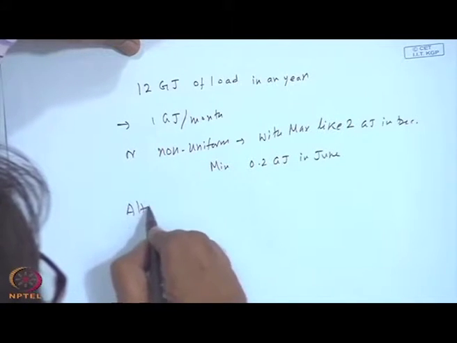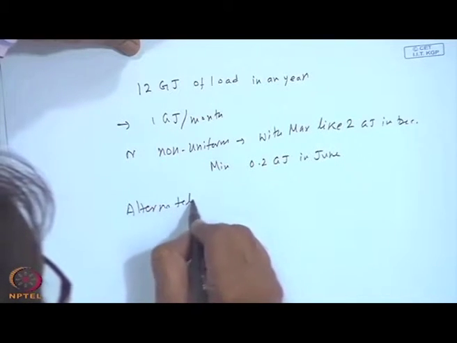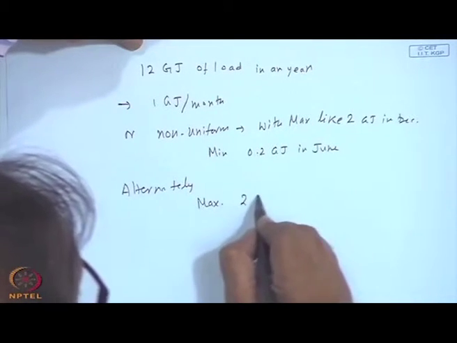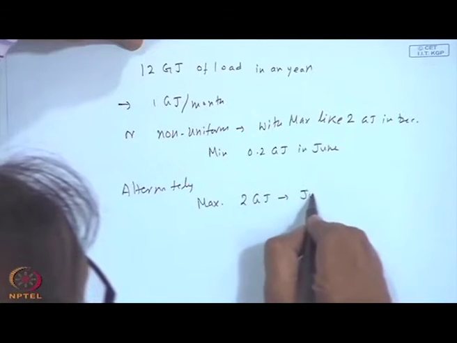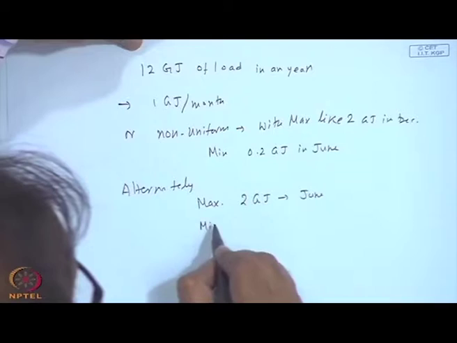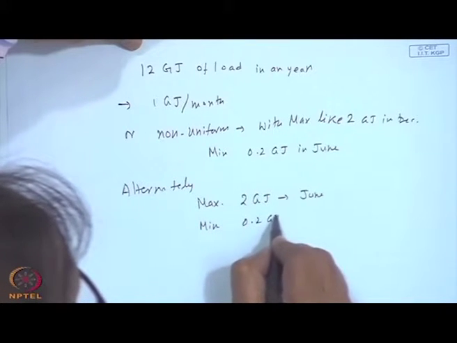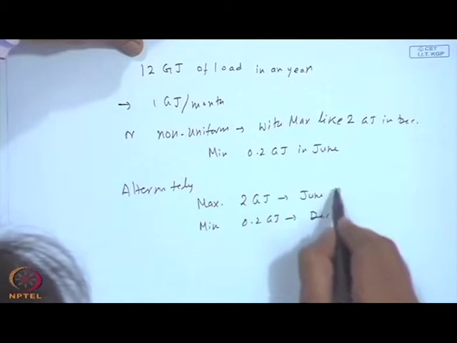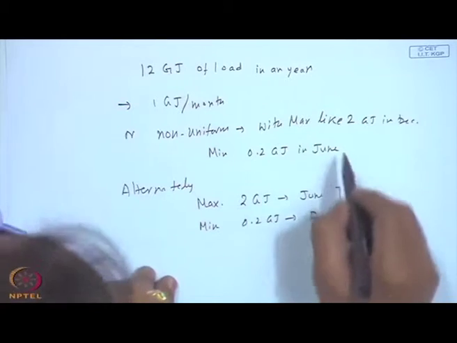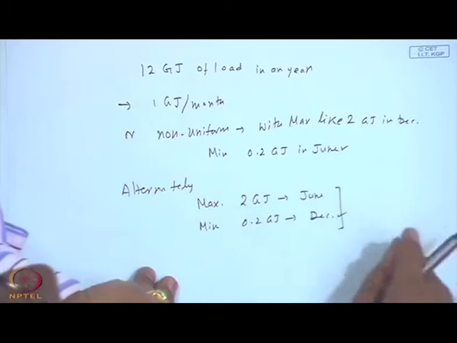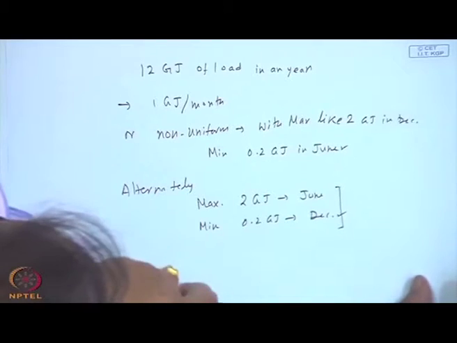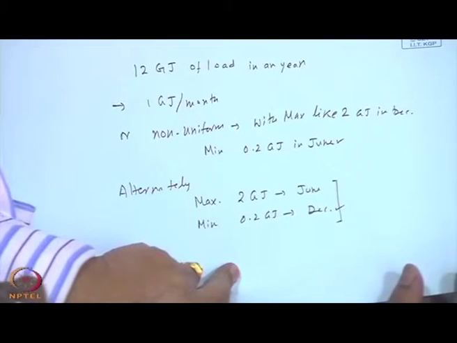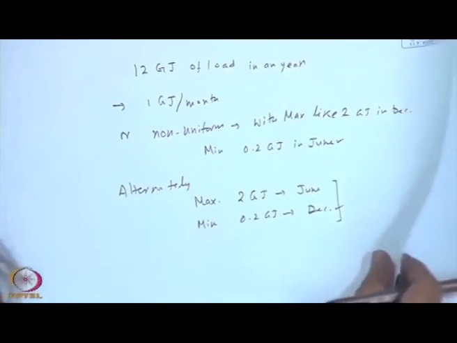Alternately, you may also have a max of 2 gigajoules in June and a min of 0.2 gigajoules in December. So, you need not take them literally. By choosing June and December, I essentially mean the highest radiation and the lowest radiation, matching with the highest demand and not matching with the highest demand.